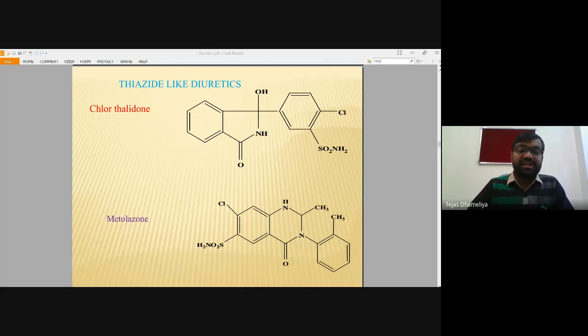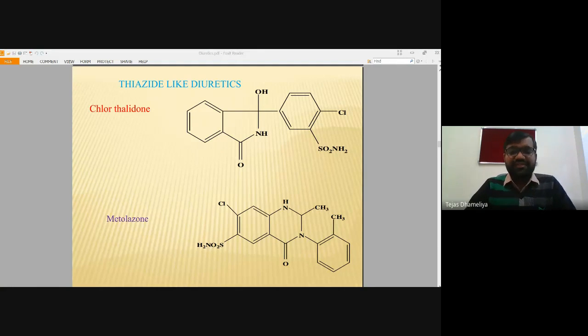Similarly, thiazide-like diuretics are termed for this purpose only. They are in fact not thiazides, but their mode of action is as good as thiazides. So that's why they are termed as thiazide-like diuretics.